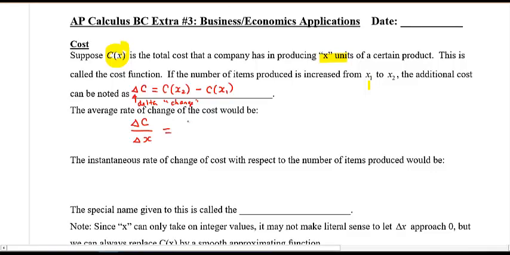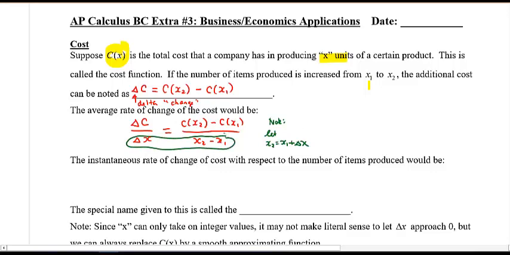So in this case, if I replace delta C with our expression above, that's the cost function evaluated at X sub 2 minus the cost function evaluated at X sub 1. And of course, the change in X would be X sub 2 minus X sub 1. Now, sometimes we can make this lovely substitution. Let me say that X sub 2 is the same thing as X sub 1 plus the change in X, delta X. If you don't know where I got that from, I just took the denominator and rearranged it.